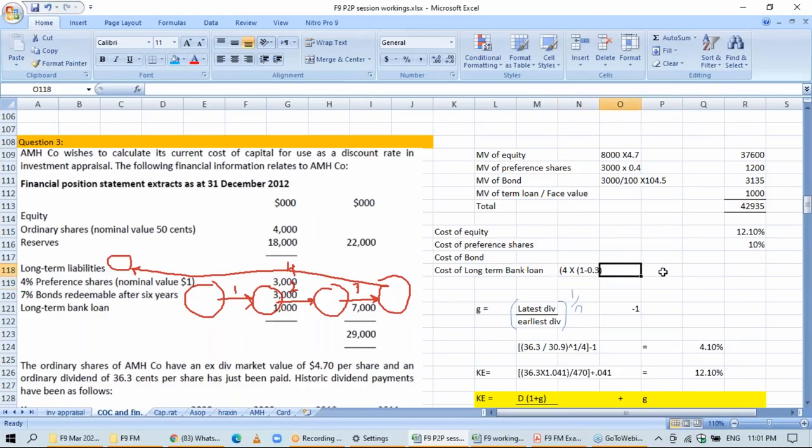The formula is interest multiplied by 1 minus t. So this is in the case of what? Interest times 1 minus tax rate.